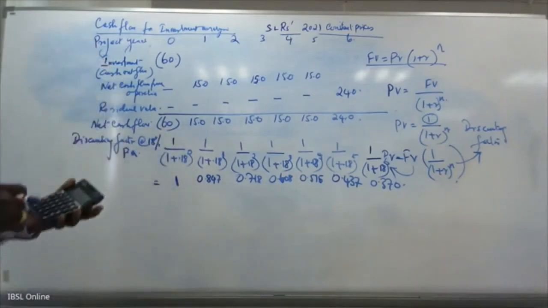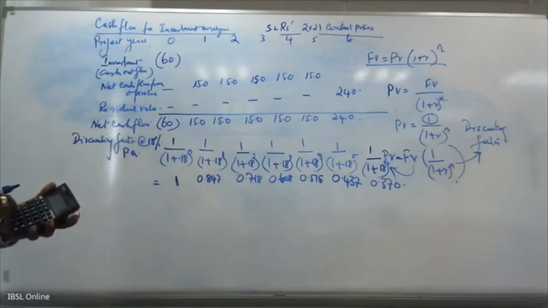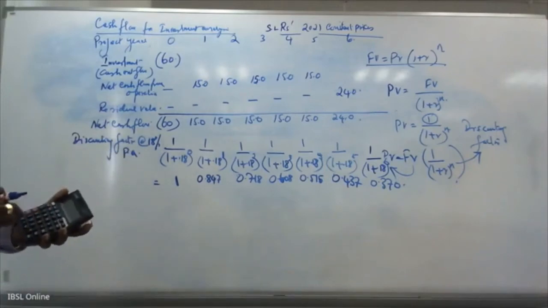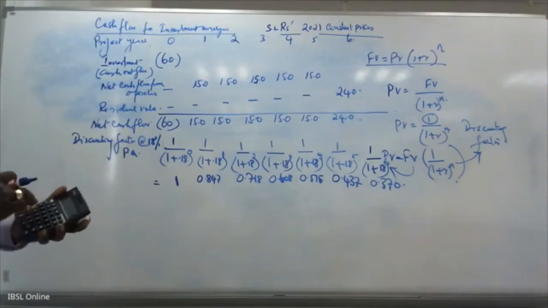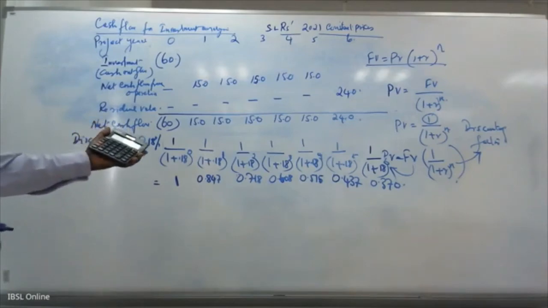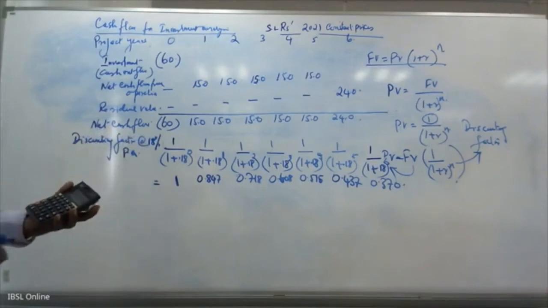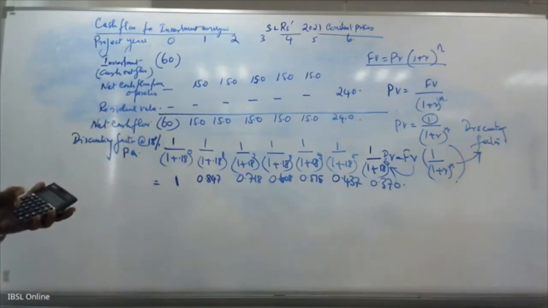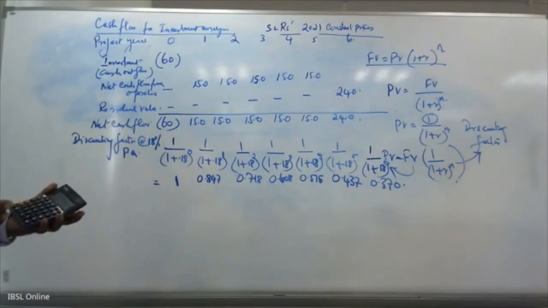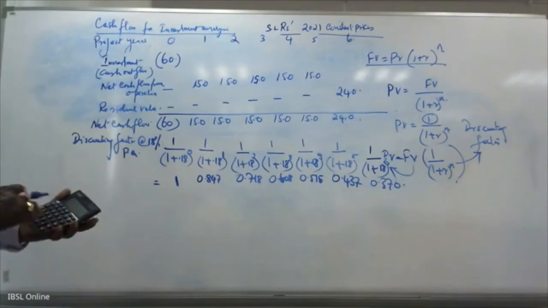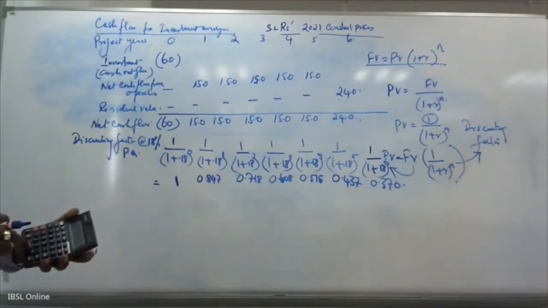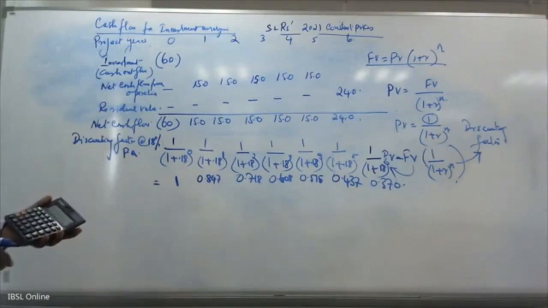And then year 1, 1 divided by 1.18, since 1 plus 0.18 is 1.18, equal sign, 0.847. Again divided by 1.18, you press equal sign, 0.718.